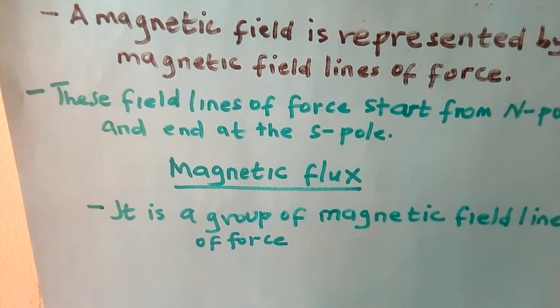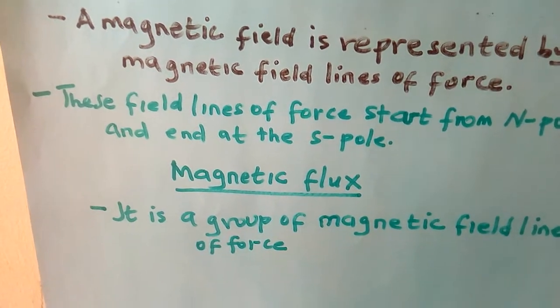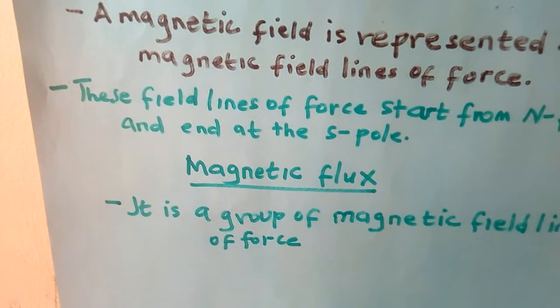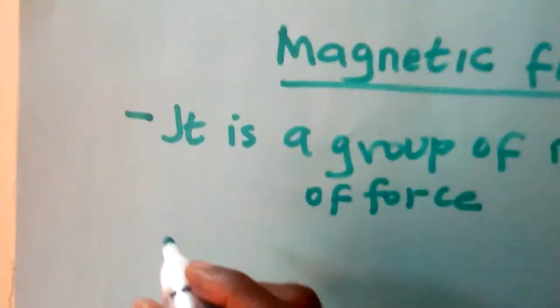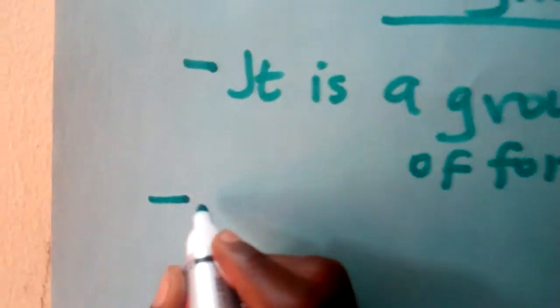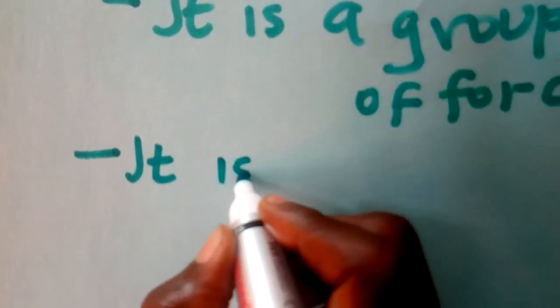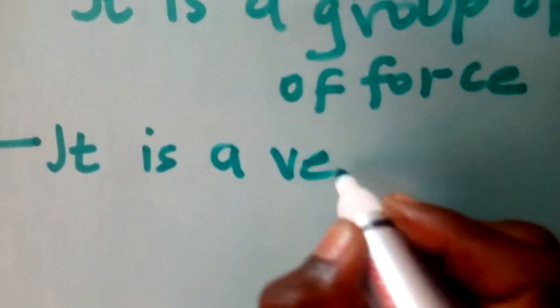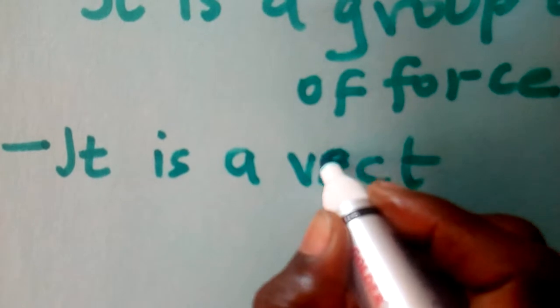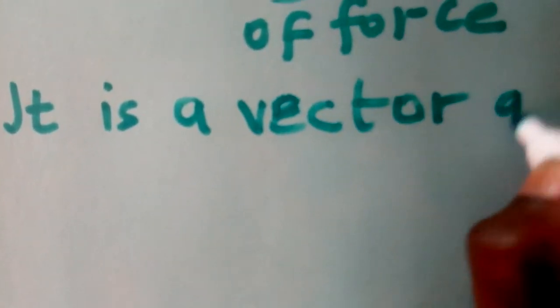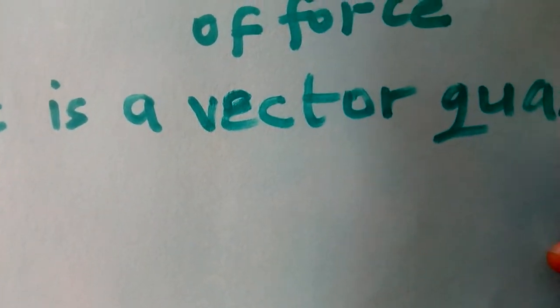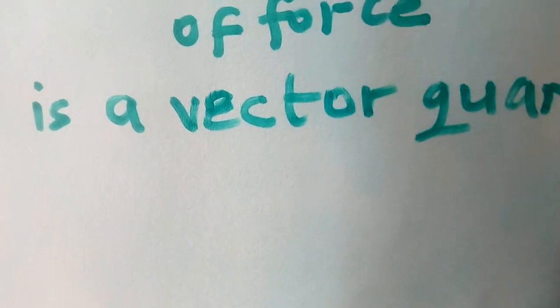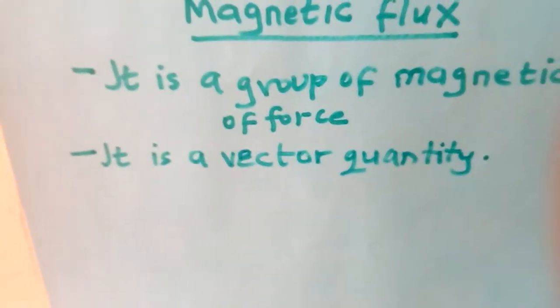But it is also good for you to know that magnetic flux is a vector quantity. So let's put it down. It is a vector quantity. What is a vector quantity?